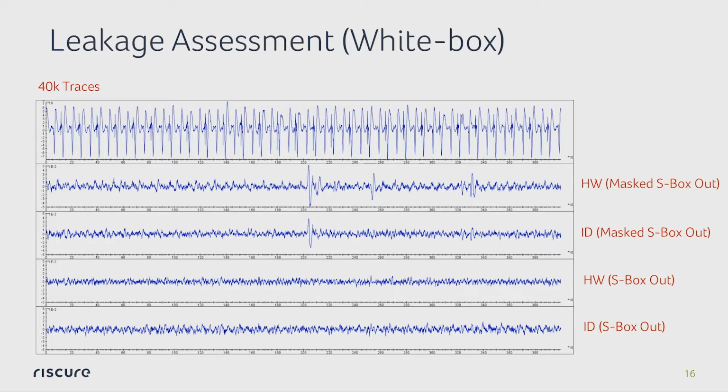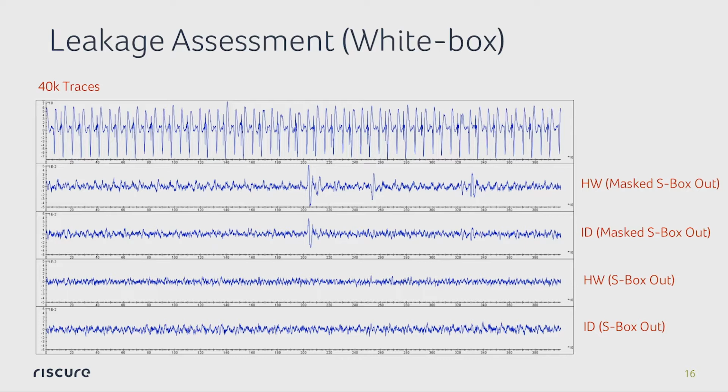I took the information from the mask values and implemented some leakage assessment, considering a white box scenario, where I have the traces in the upper part, and I computed for all the traces the masked S-box output and the index value of the masks. I correlated that with the traces, and for the range I'm interested in, there are some peaks.